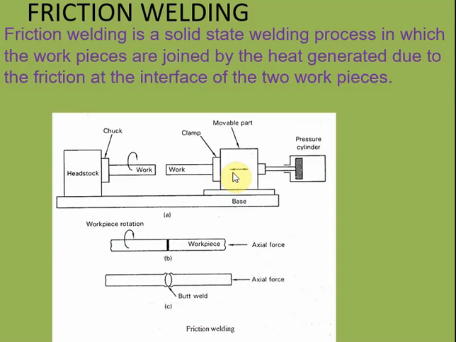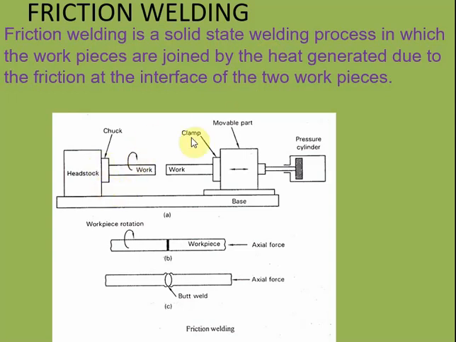Here we are applying only pressure, we are not applying any electric current, and it's a kind of solid state welding. That means we are not completely melting, we are not making a molten pool to achieve the required welding. That's why it's called solid state welding.